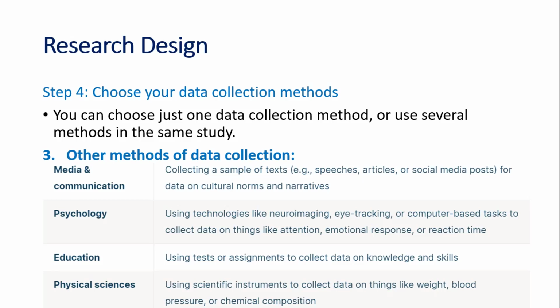Education uses, for example, tests or assignments to collect data on knowledge and skills. Physical sciences use scientific instruments to collect data, for example, blood pressure, chemical composition, or any field equipment that you may be taking to the field.